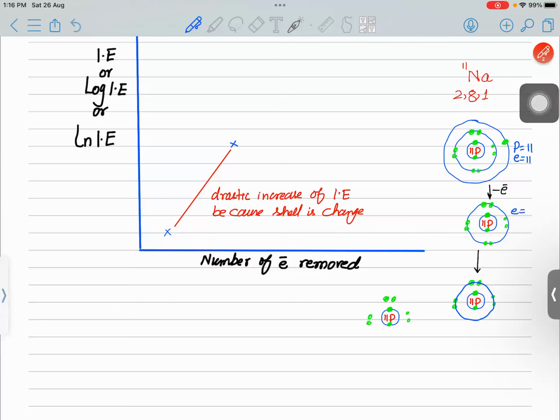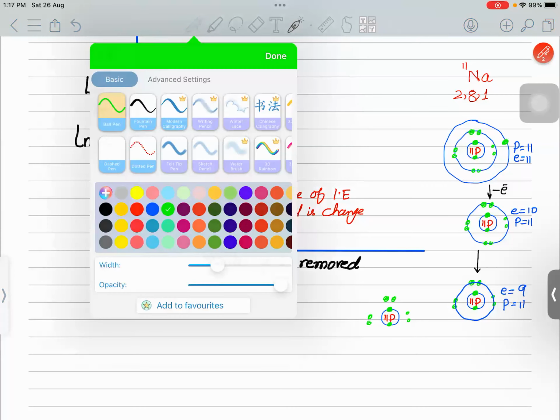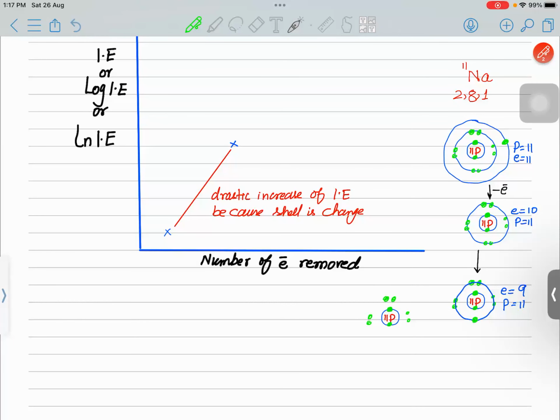Here we have 10 electrons, 11 protons. Here we have 9 electrons, 11 protons, because one electron is removed.